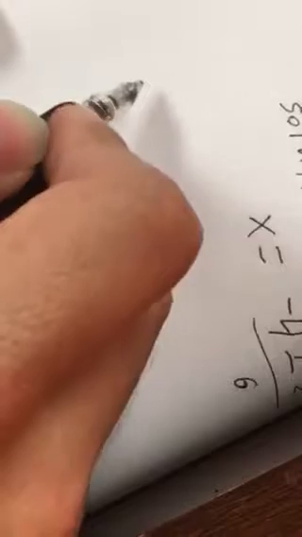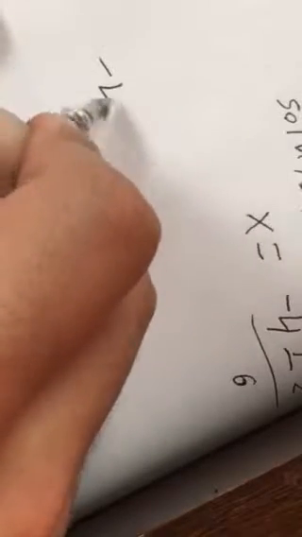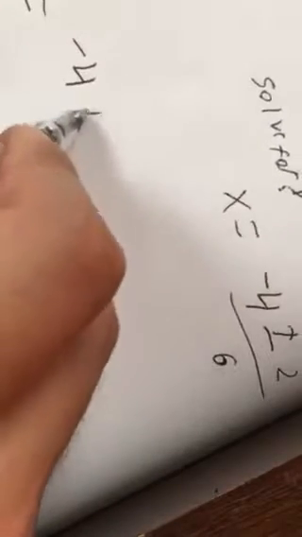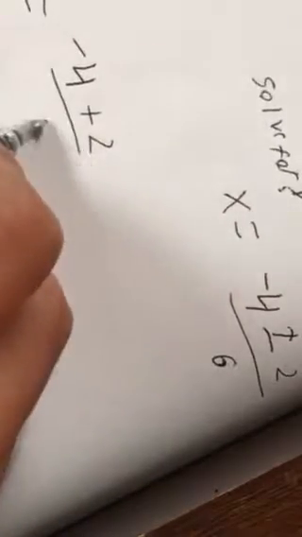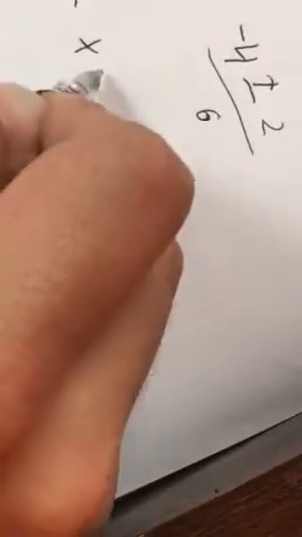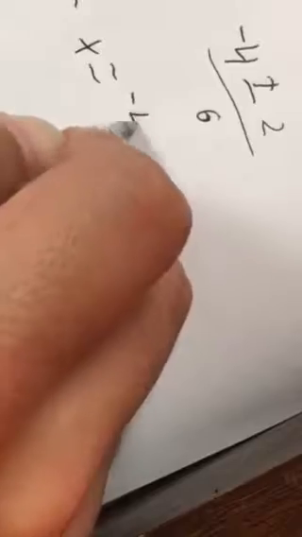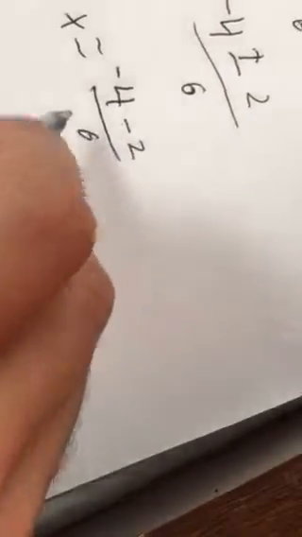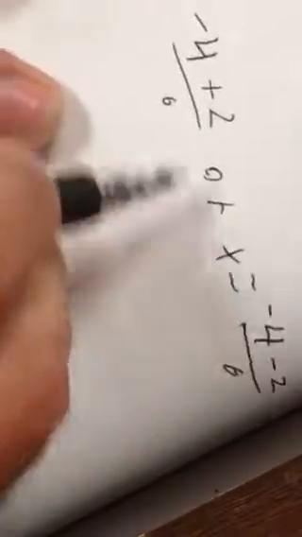That plus or minus makes it split into 2 equations. So you got x equals negative 4 plus 2 all over 6, or x equals negative 4 minus 2 over 6. Then you solve for both equations.